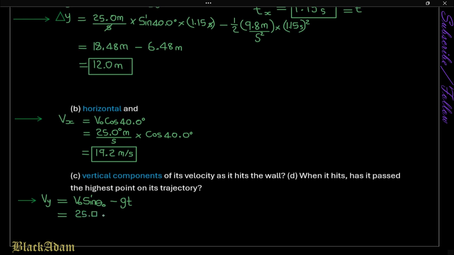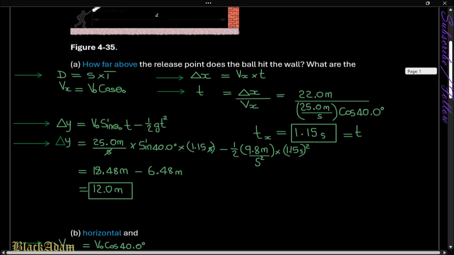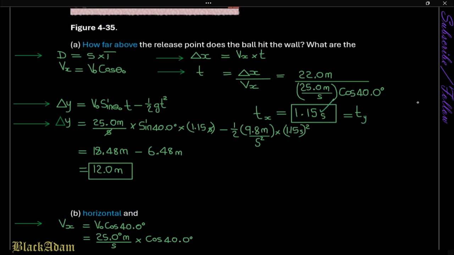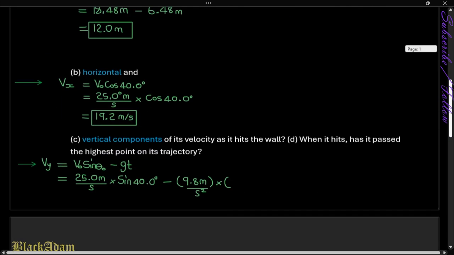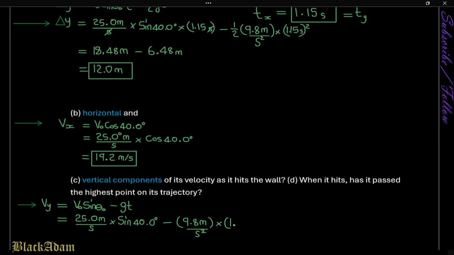That's 25 meters per second multiplied by sine 40 degrees, minus 9.8 meters per second squared multiplied by the time we found, 1.15 seconds. The time is the same, since it moves in two dimensions at the same time.